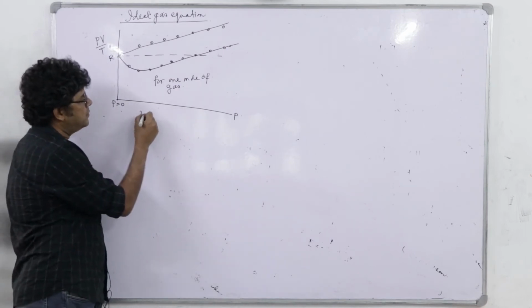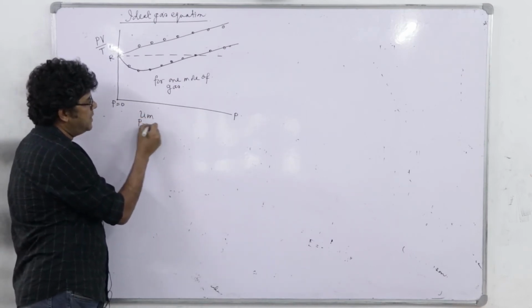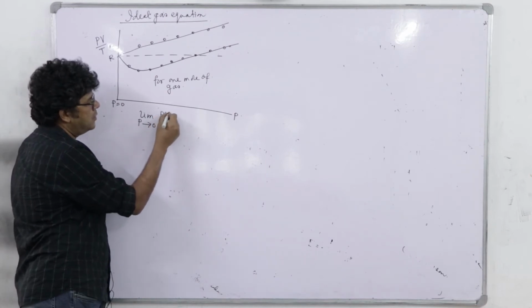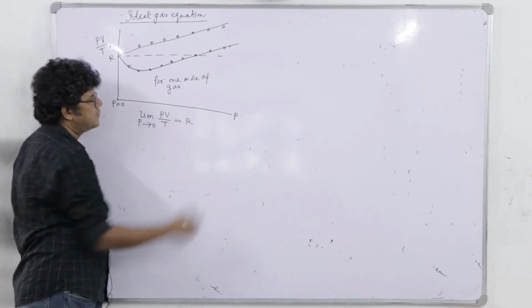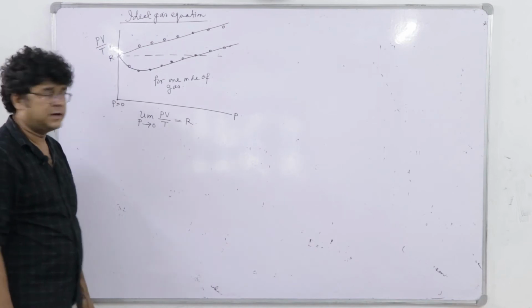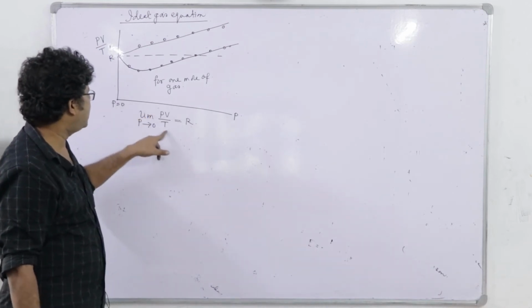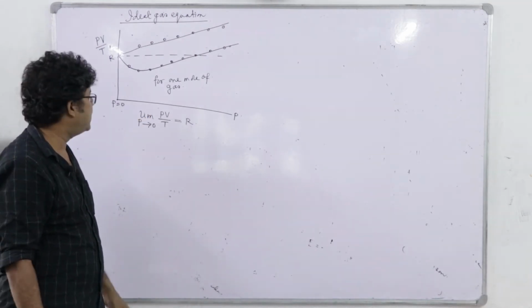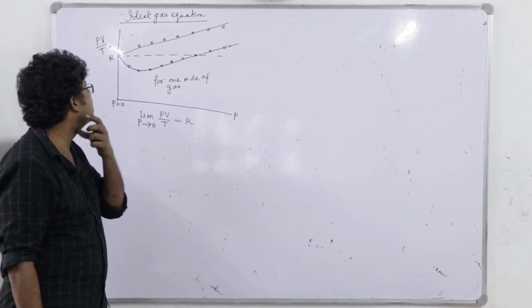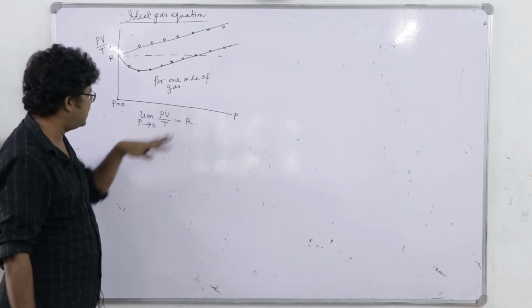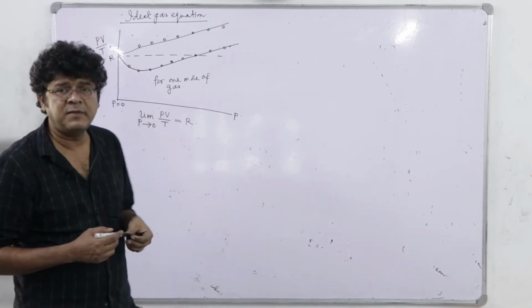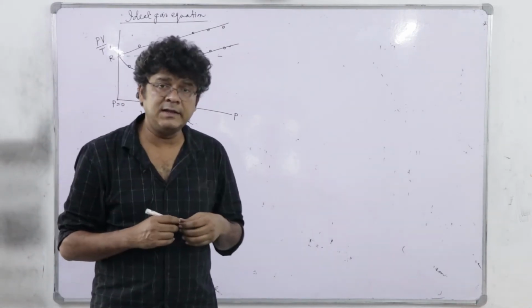Like what I mean to say is that the limit as P tends to 0 of PV by T is equal to R. Right. From this graph, we can interpret that PV by T, in the limiting condition of P tending to 0, tends to R. So, what is R then? We can say that it is a limiting value of PV by T. Now, what is PV by T then?